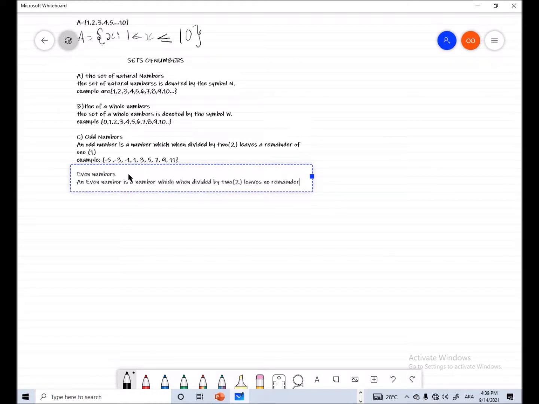Can we give an example? Of course we can. Let's look at examples of such a set: numbers divided by 2 with no remainder. Let's list them. Let's start with negatives.